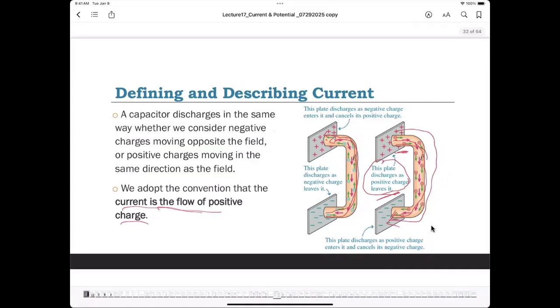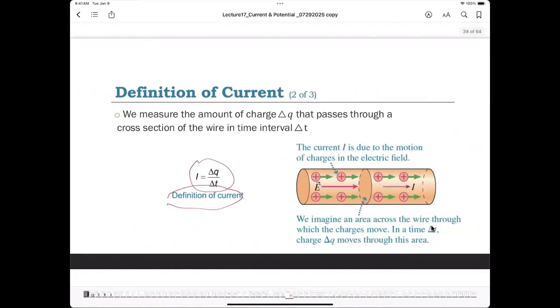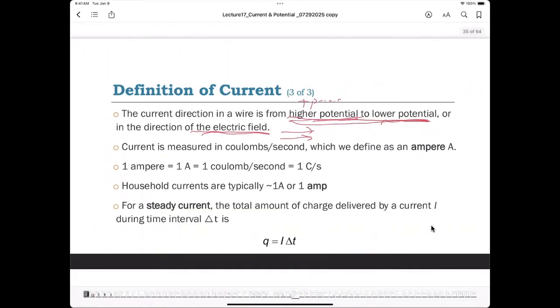But for easy calculation, we just consider positive charges going through the wire to the negative plate. We just adopt this convention, so we define the current direction as the same direction as the electric field. Does that make sense to you?